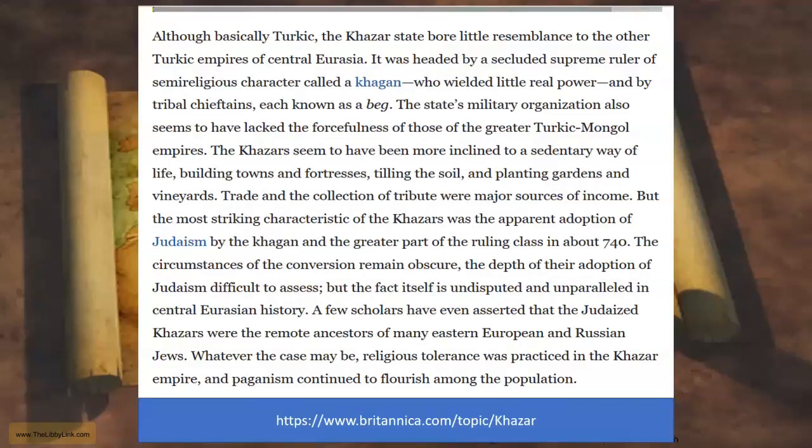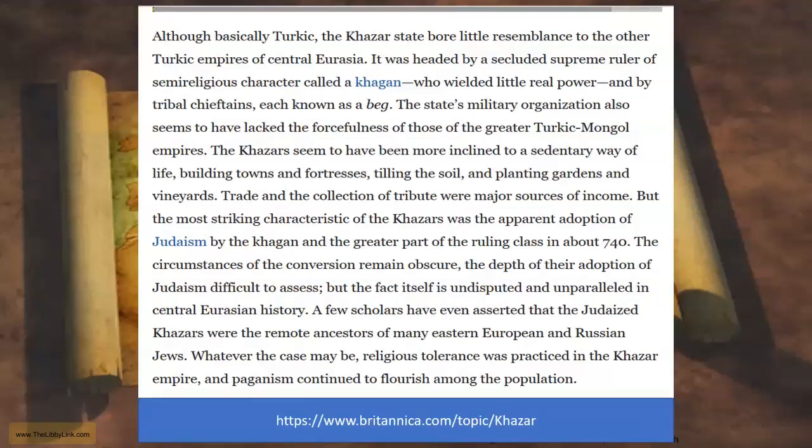And then briefly, just an excerpt from this Britannica about the Turkish Khazars that converted to Judaism, and many of them settled in the European areas.